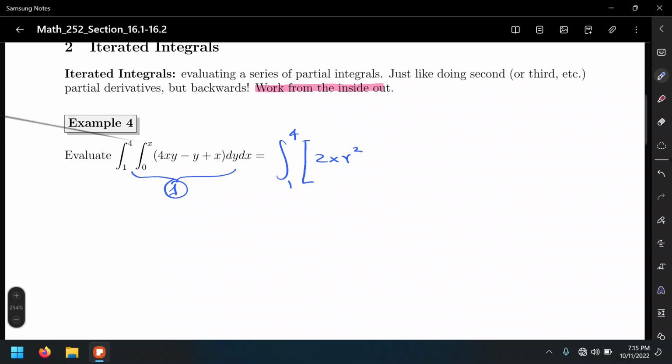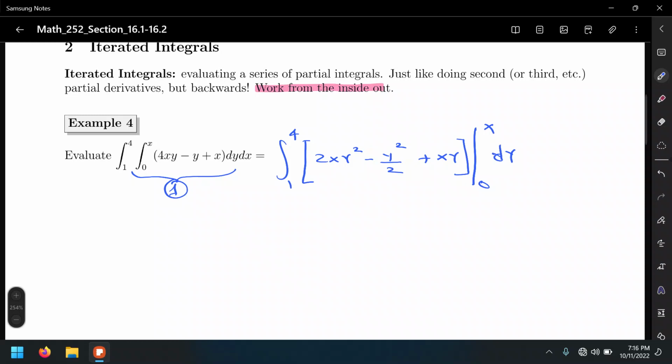And then the integral of y with respect to y, that's a minus y squared over 2 plus the integral of x with respect to y, but the x in this case it's constant, so we're just getting x times the integral of the y, which is going to be xy. These will be evaluated from 0 to x, and don't forget this dy.